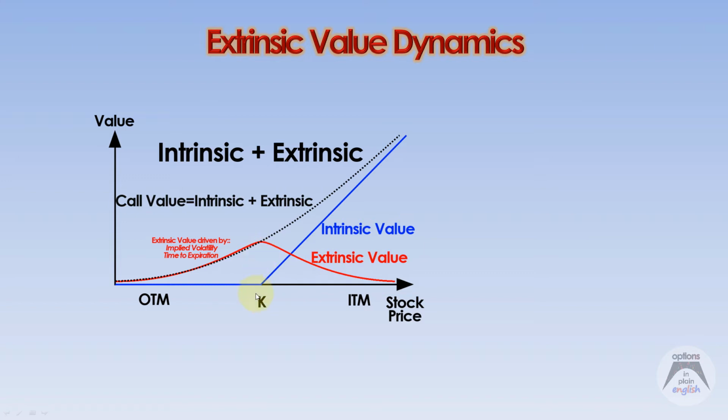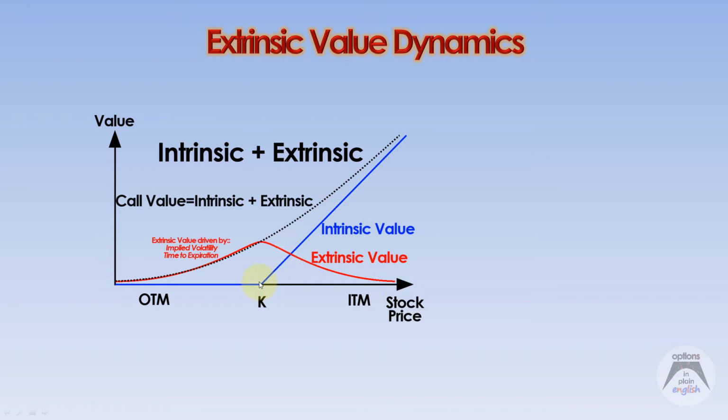Intrinsic at the strike price has a value of 0, but as it starts getting in the money, it's a one-to-one relationship. Basically, it goes higher one-to-one with the price.